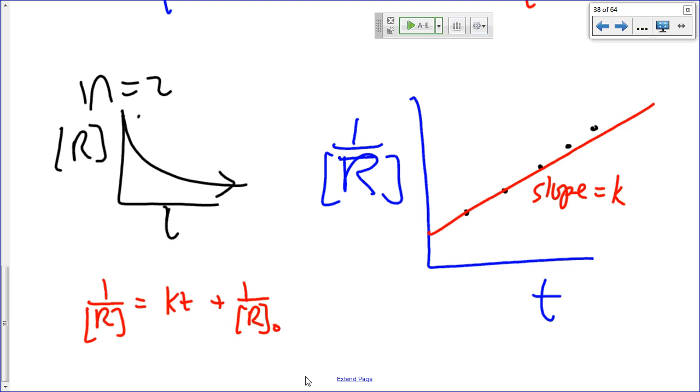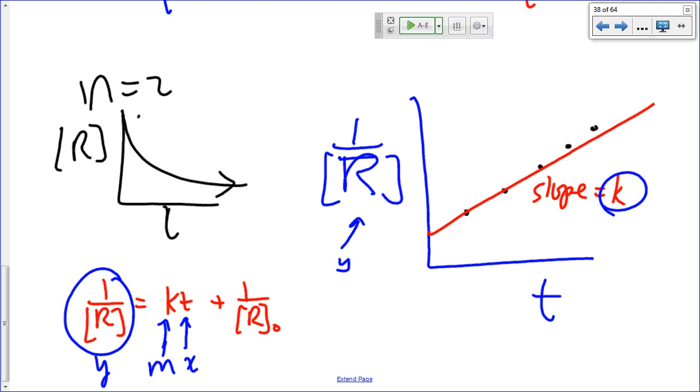So if I put 1 over R on my y-axis and t on my x-axis, my slope will be equal to k, and my y-intercept is equal to 1 over R naught.